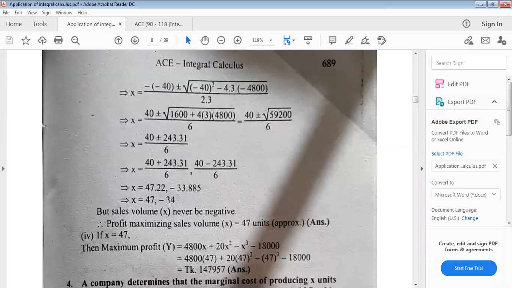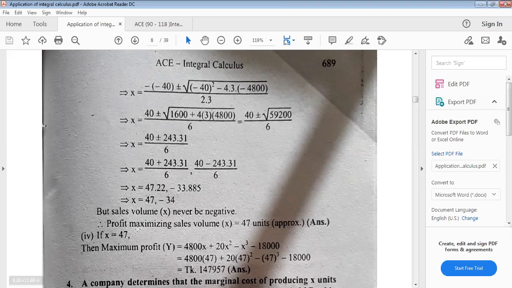This is the value of output, but a negative output cannot be accepted because the sales volume can never be negative. Output may be 0 but can never be negative. This is why we take only the positive value, 47. So the profit maximizing sales volume is 47 units. This is the result.